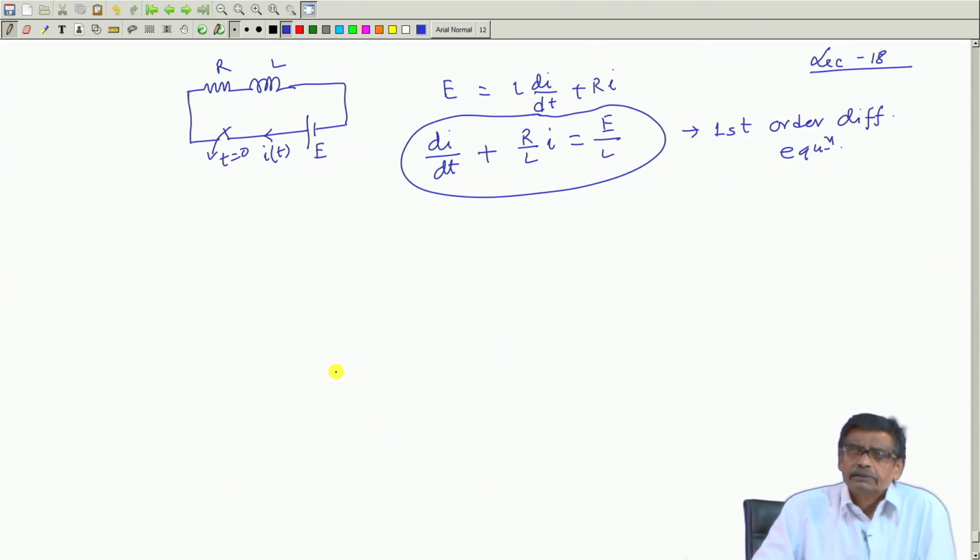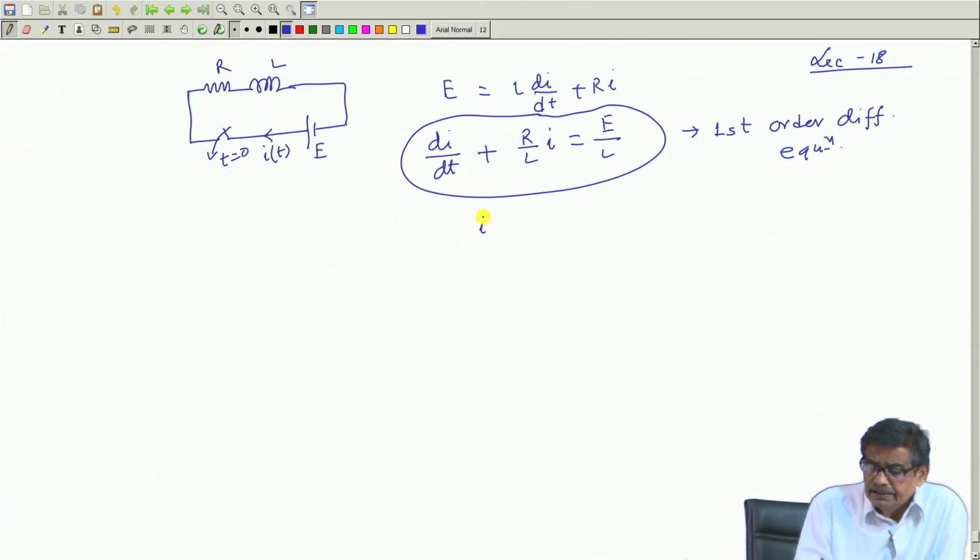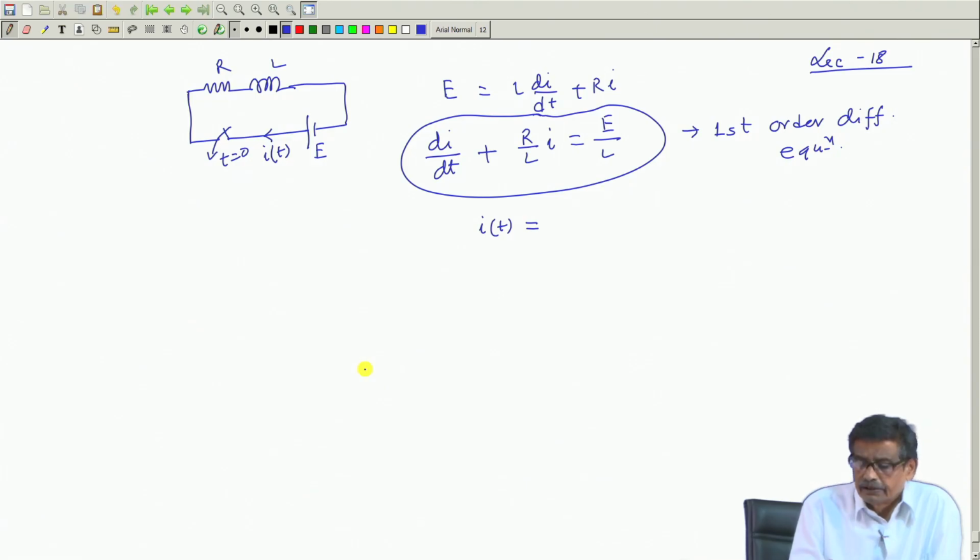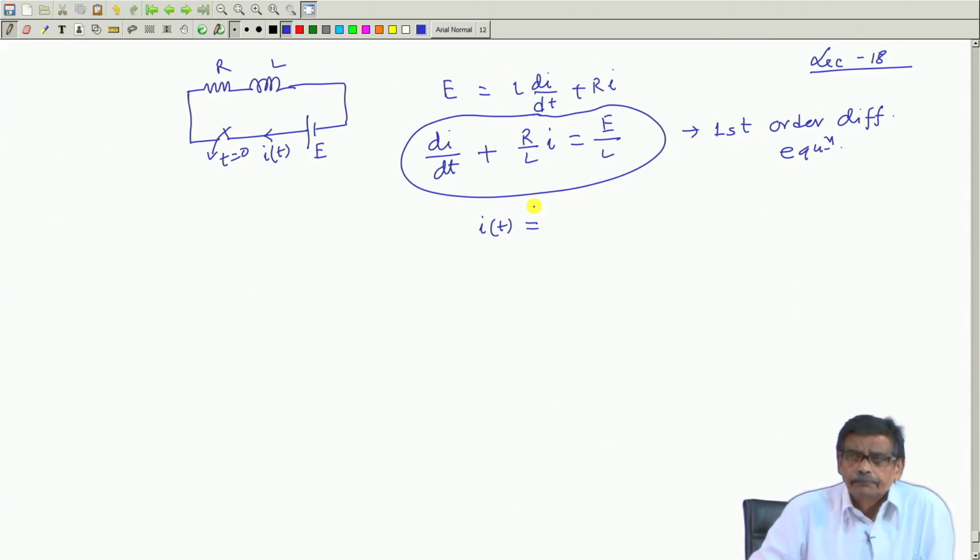The question is, can I avoid those steps of multiplying with the integrating factor and get the solution, that is i(t), just by inspection? I will have this differential equation, can I write the solution in one stroke without every time multiplying with the integrating factor and so on? That is the whole idea.